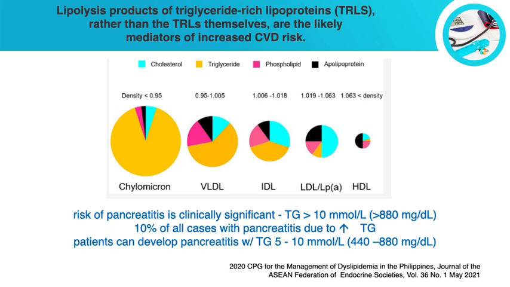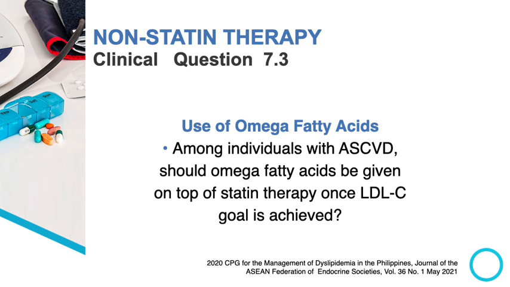The more atherogenic molecule is the LDL because it has smaller triglyceride components, and because of its size and density, it is able to insert into the vascular endothelium. Whereas the bigger particles, what we need to be cautious about is their risk of developing pancreatitis.